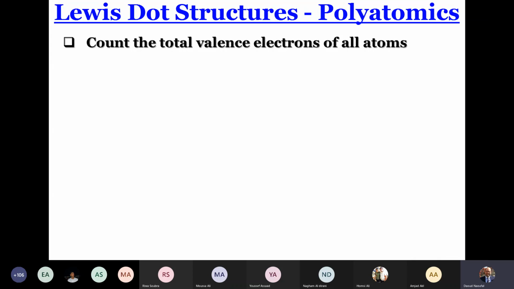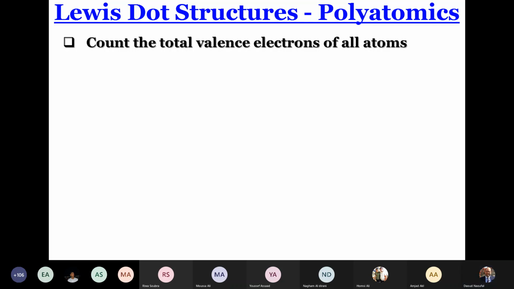In the second part, we will study how to find the geometry of a molecule. To find the geometry of the molecule, first of all, we have to draw the Lewis structure of this molecule. And if the Lewis structure is incorrect, that means the geometry will be incorrect. So pay attention to how to draw the Lewis structure for a molecule.